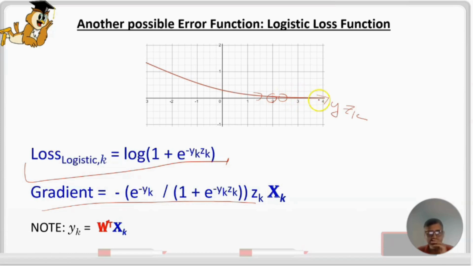It's a small penalty which tends to 0 very quickly. But what effectively this logistic loss function will try to do is make sure that your points are pushed further and further away from your decision boundary, or in other words, calculate a decision boundary so that your points are as far away from the decision boundary as possible. Right? So that is what the logistic loss function is going to attempt to do.